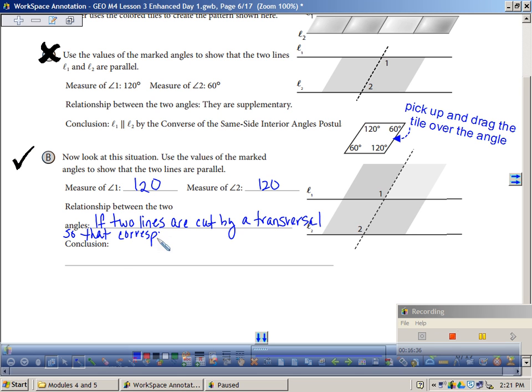Corresponding angles, because just being corresponding angles isn't enough, right? We saw that with that other example when they weren't parallel. So that corresponding angles are congruent. Here's my conclusion. Then what? What does that tell me? Then the lines are parallel.